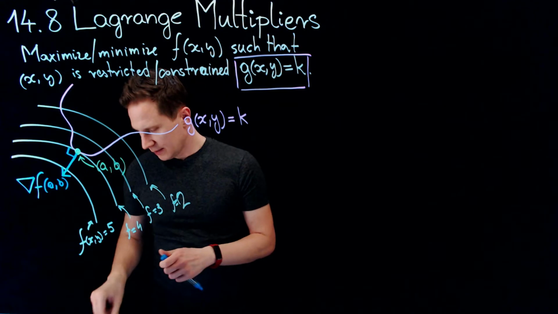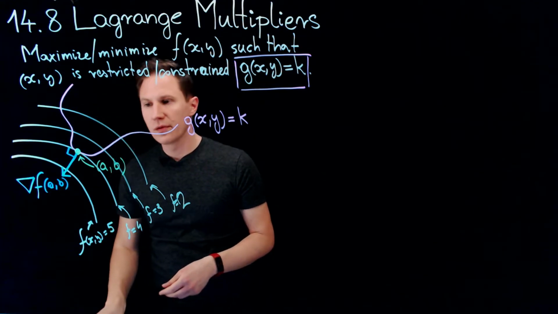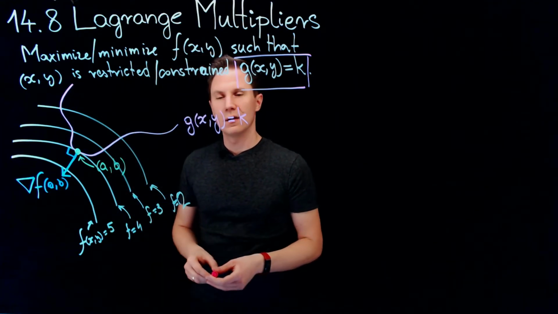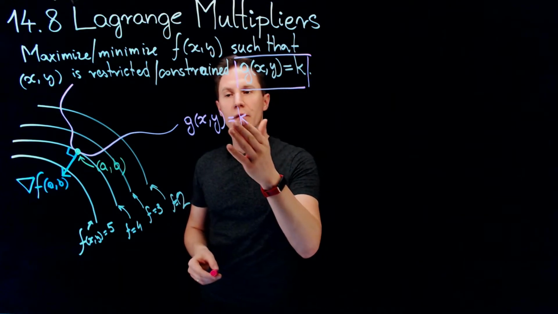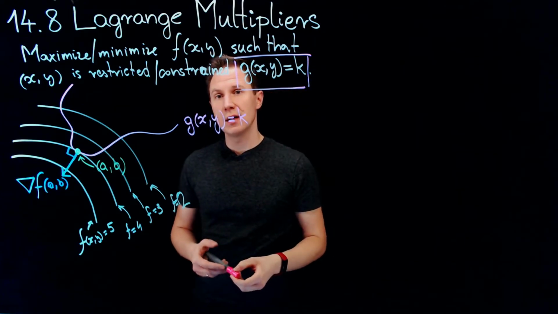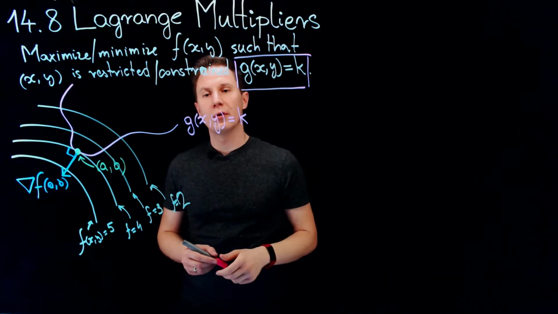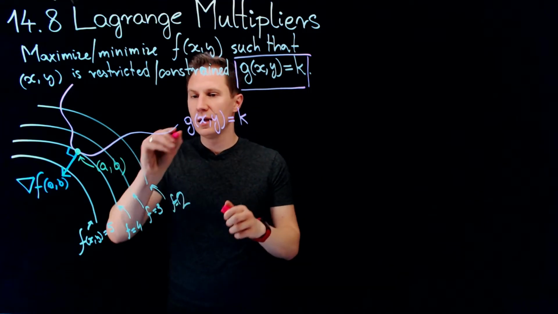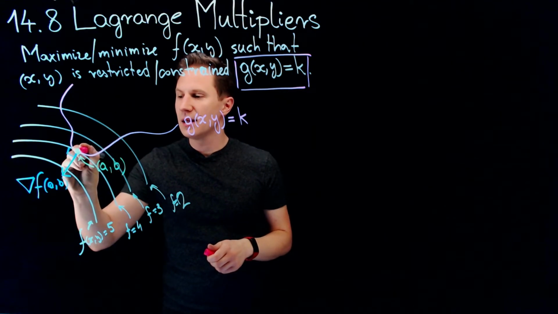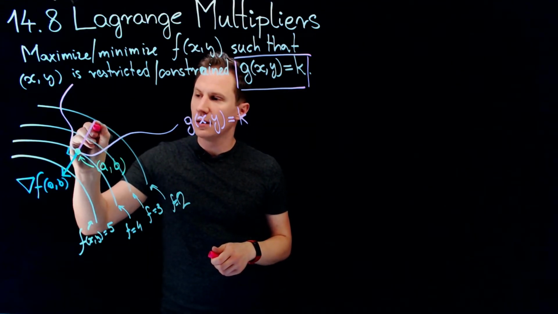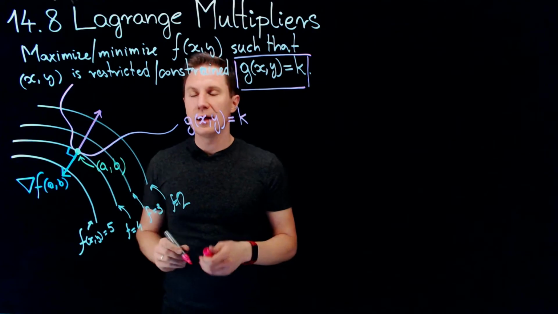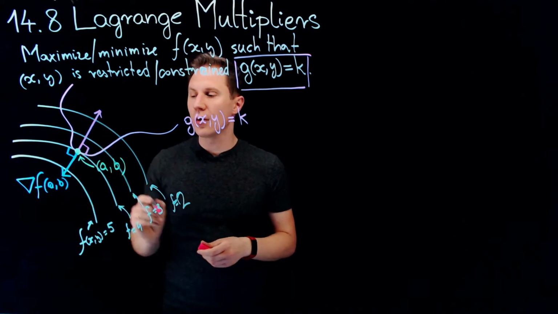Similarly, if we look at the gradient vector of the function g, which gives us the constraint, this is also a level curve of g. Its gradient vector might point in the opposite direction, but still it has to be perpendicular to the level curve.